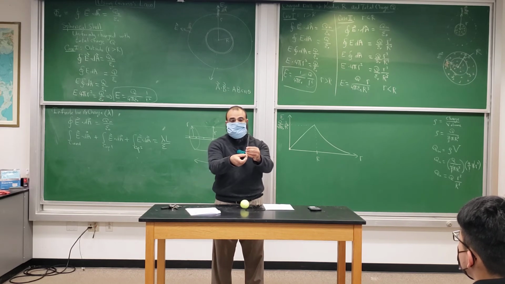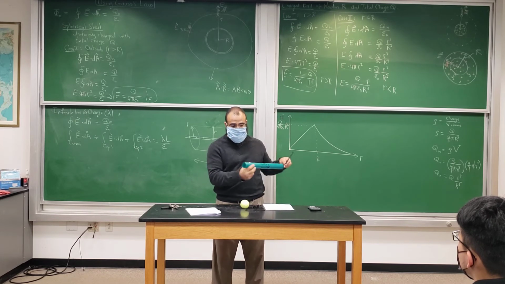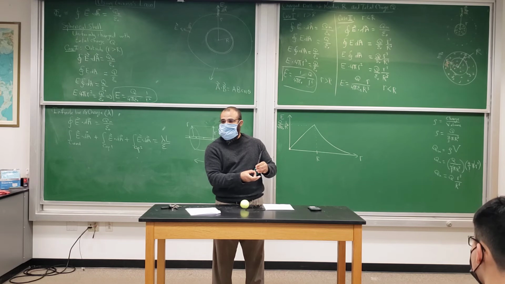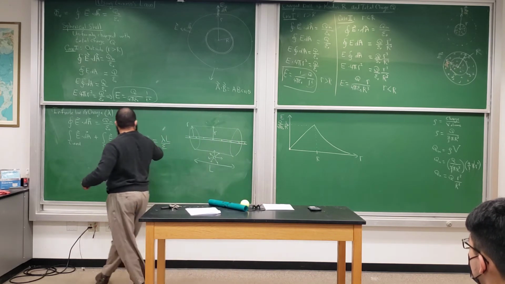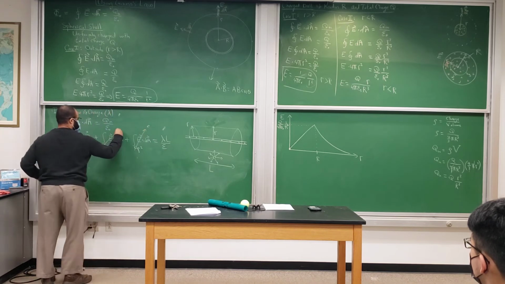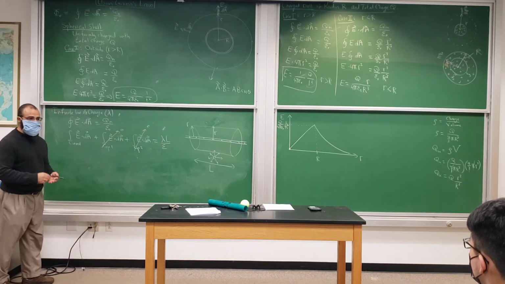Towards you, right? So what's E dot dA there? 0. So over this first cap it's 0. Same thing here. This cap is pointing towards you, so E dot dA will be 0. So these just contribute nothing.